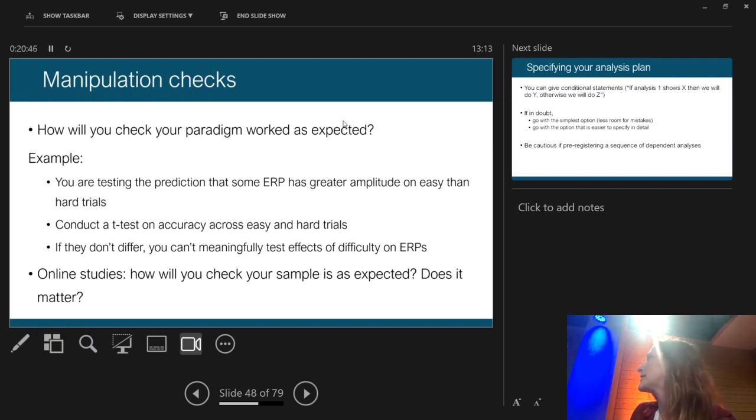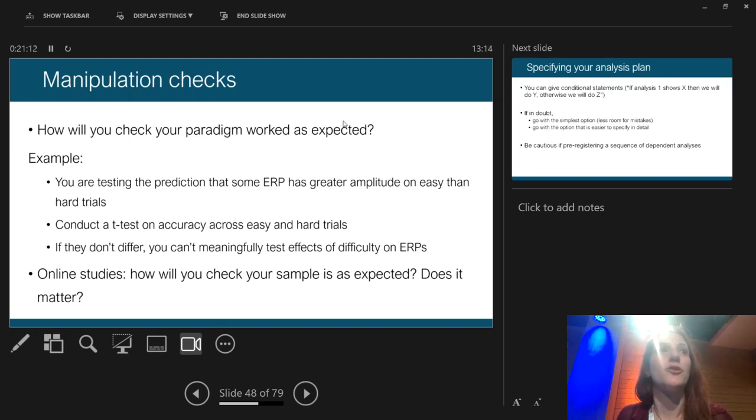So the example here is, say you're doing an ERP study. You're predicting that some ERP component has a greater amplitude on easy than hard trials. A reasonable manipulation check here would be that accuracy is higher on easy trials than hard trials, right?